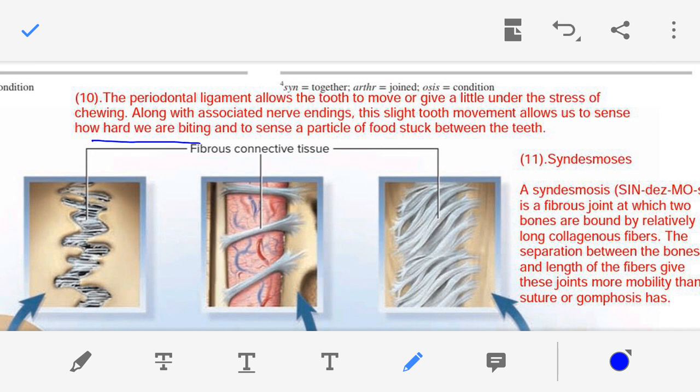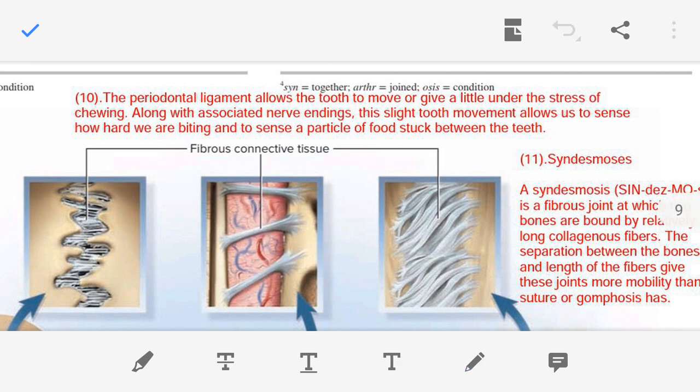Or if any food particle is stuck in between, it will be touching the periodontal ligament, which is penetrating our teeth, and in our teeth the nerves are there, so we can get the sensation that the food particle is stuck between our teeth.